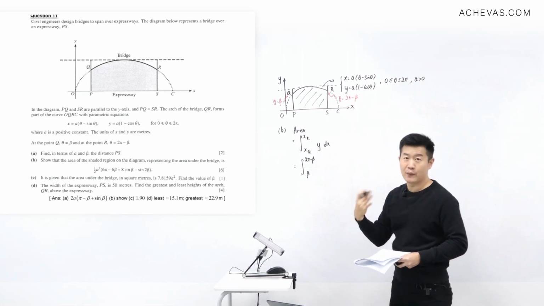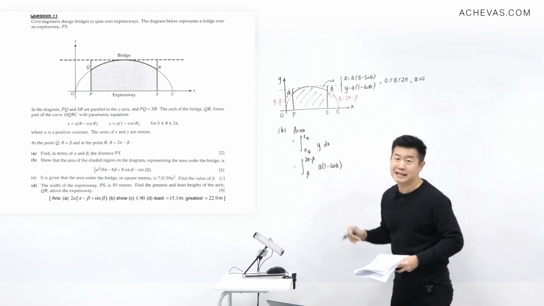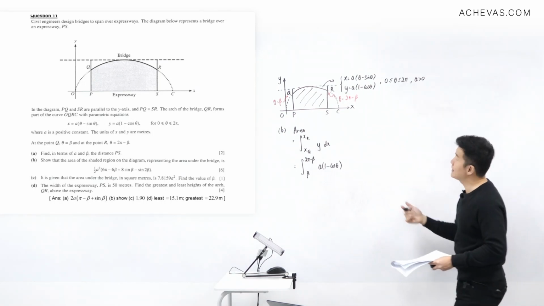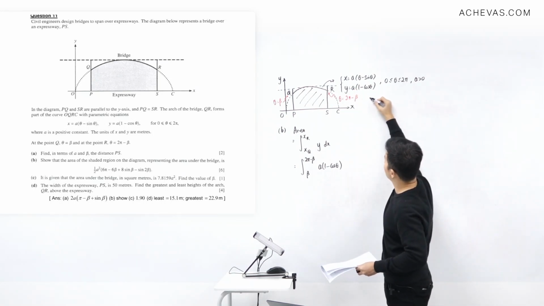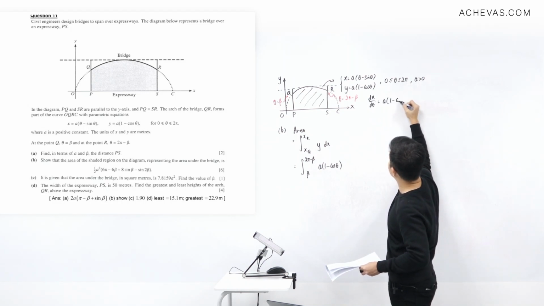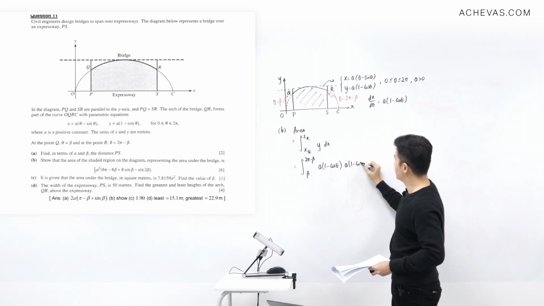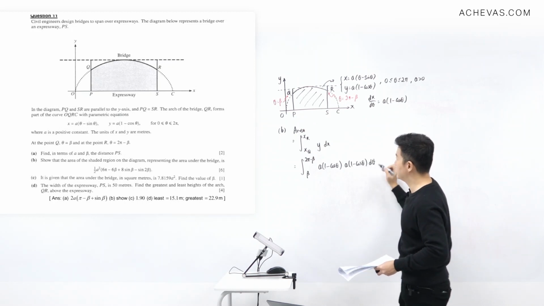I'm going to do my own replacement. So y is a of 1 minus cosine theta, and in order for me to replace dx, I'm going to take x and differentiate it with respect to theta. So dx d theta is equal to a of 1 minus cosine theta. So dx here, I'm going to replace by a of 1 minus cosine theta d theta.